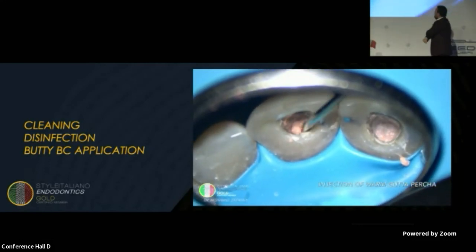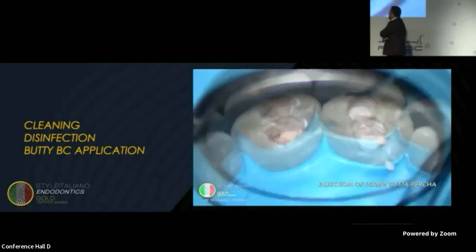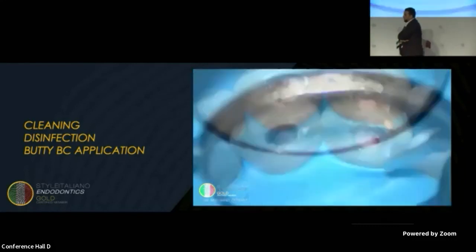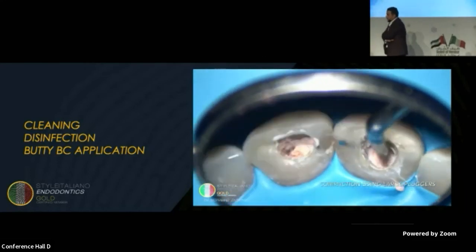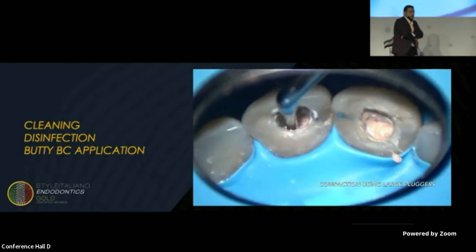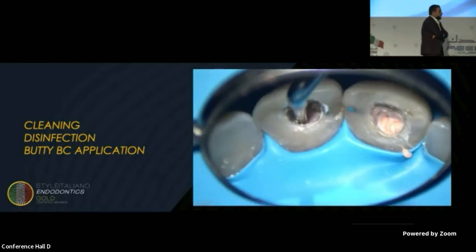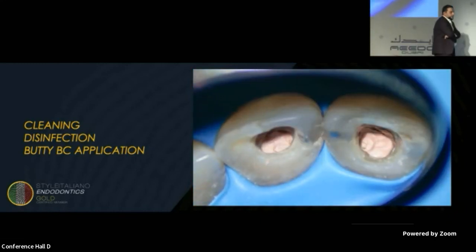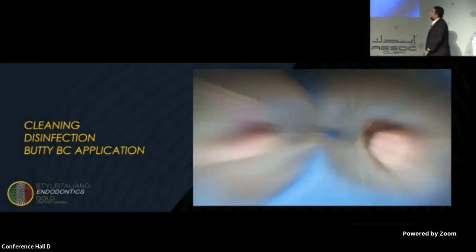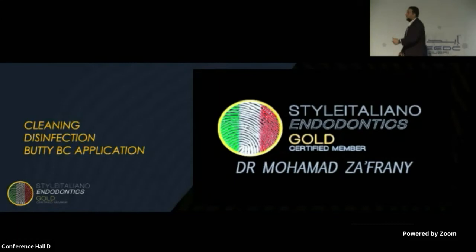Now, compaction of the Gutta-percha. This is what we call a 3D seal, or adaptation of warm Gutta-percha to root canal irregularities. Now I have a good apical plug, good adaptation of the material, and the rest of the canal is a post space.